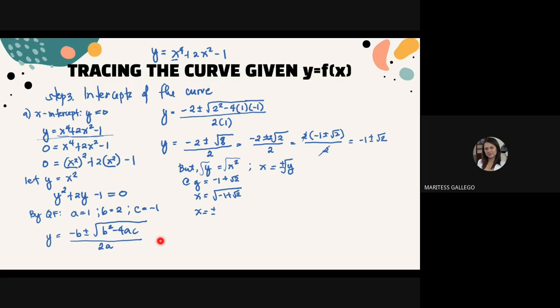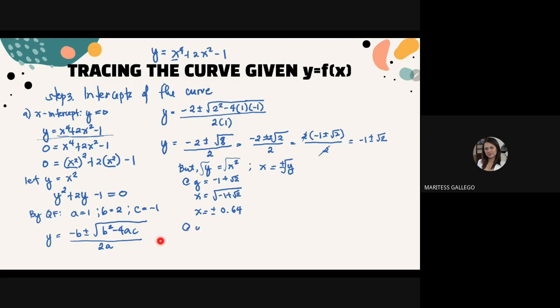Anong sagot niyo? Ma'am, 0.64 po yung isa. Okay, so this is plus and minus 0.64. Later, when we graph, isa lang yung kunin nating decimal. Anyway, yan yung ating x.